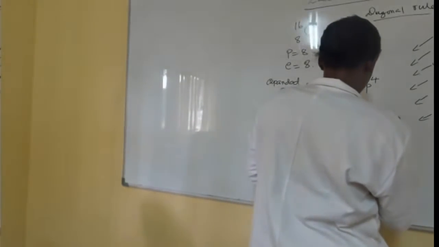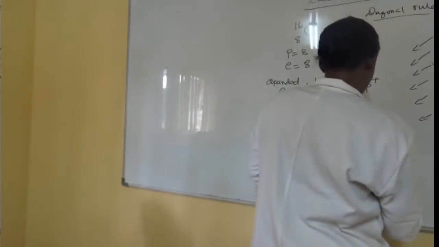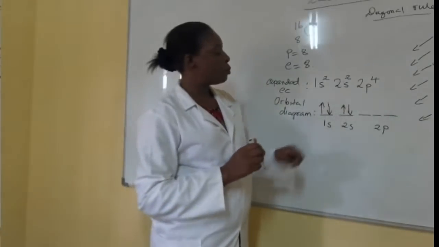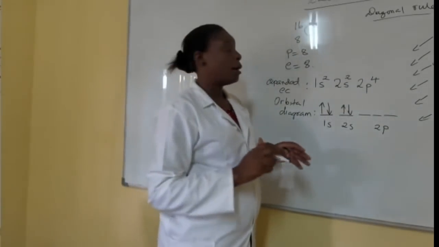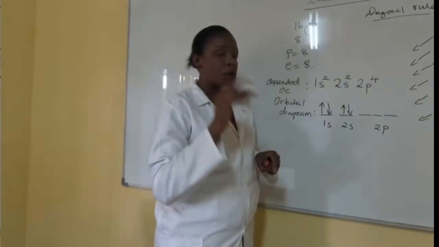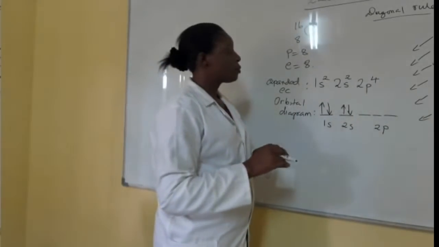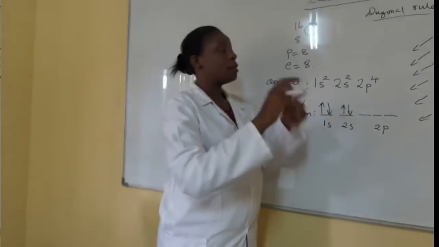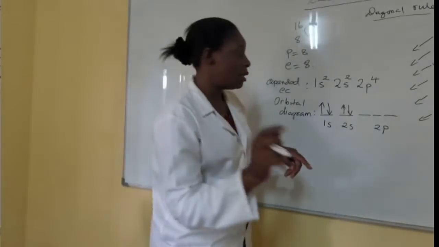We go to the 2p. How many electrons are in the 2p orbital? There are 4 electrons. So here we use Hund's rule. You maximize parallel spins before you start filling with the opposite spin.